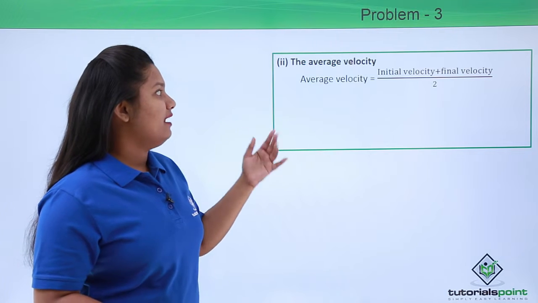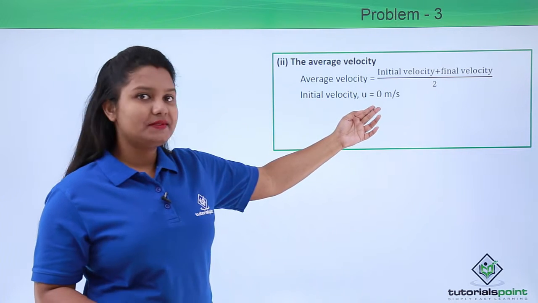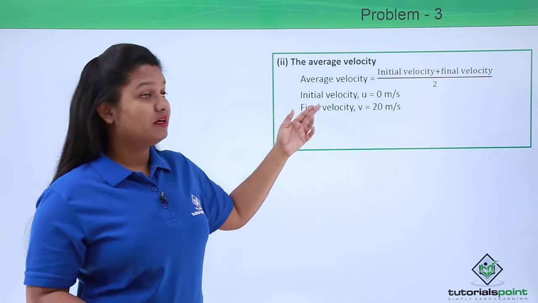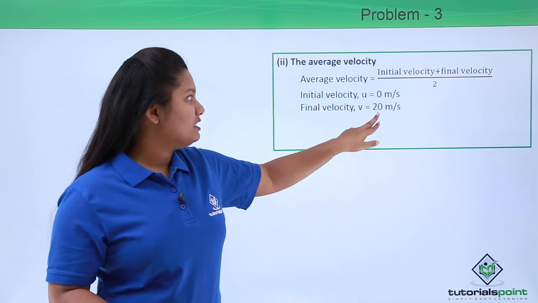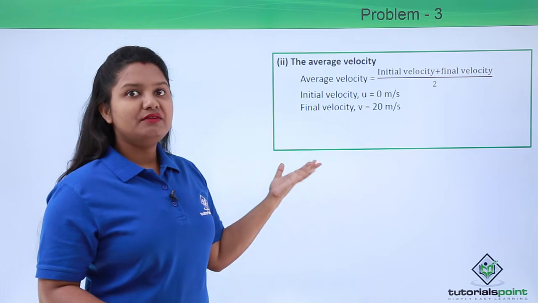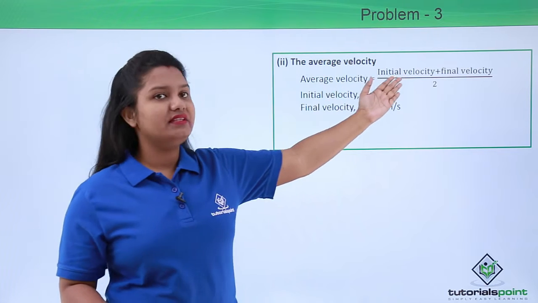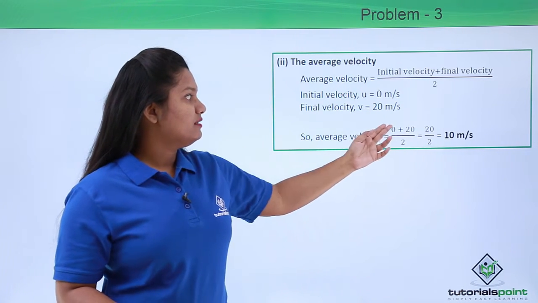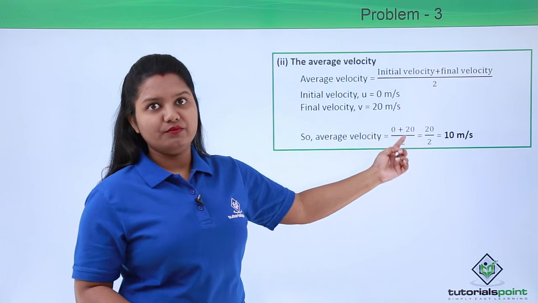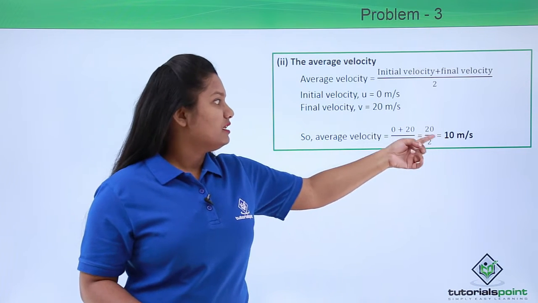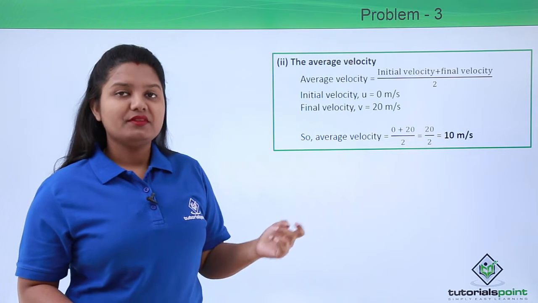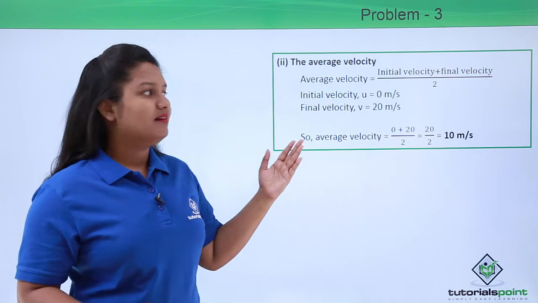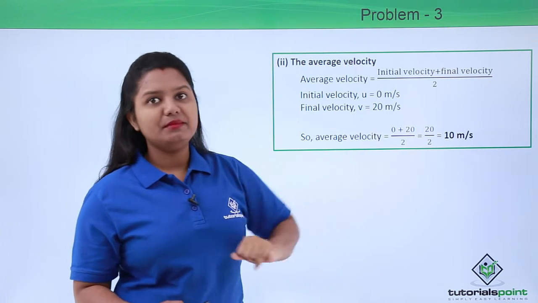We know that the initial velocity is 0 meters per second and the final velocity after conversion to SI is 20 meters per second. So we can very well find the average velocity with this expression. So here average velocity becomes 0 plus 20 divided by 2, which is 20 by 2, which equals 10 meters per second. So the average velocity we have found to be 10 meters per second.